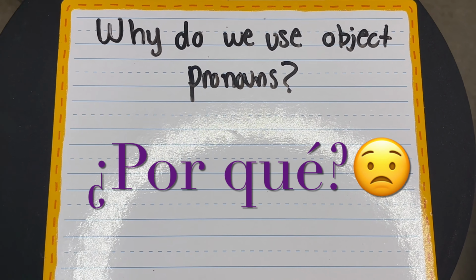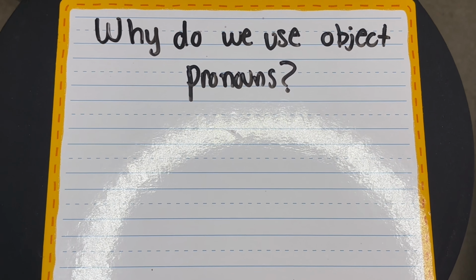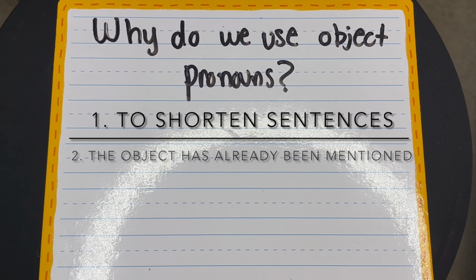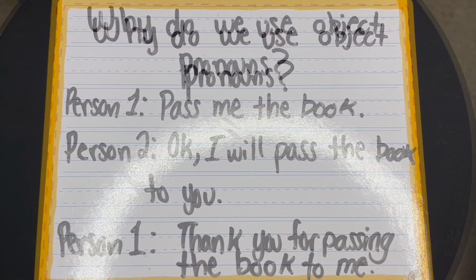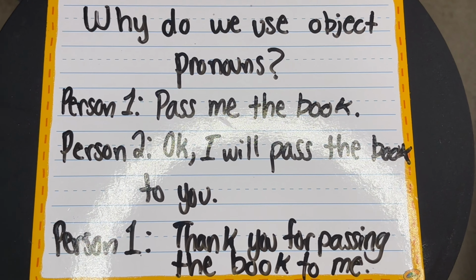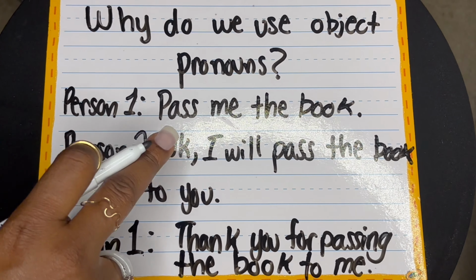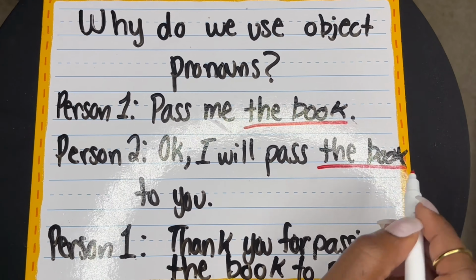Now you might be asking yourself, why do we need to use object pronouns? What is the purpose? Well, the reason why is because we use this to shorten sentences or to respond when the object has already been mentioned. Let's look at this conversation between two people. Person number one says, pass me the book. Person number two says, okay, I will pass the book to you.